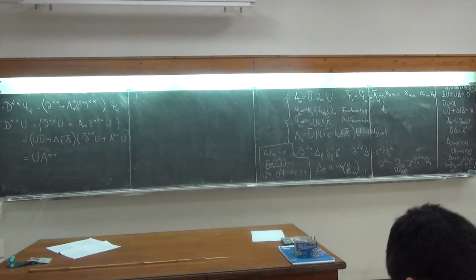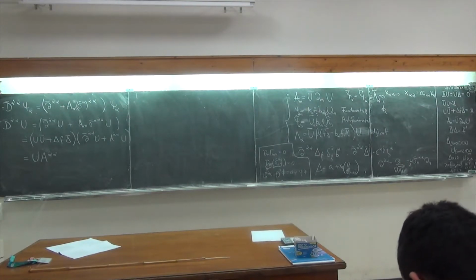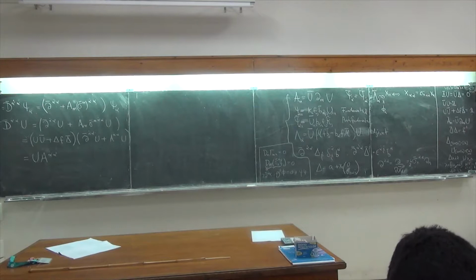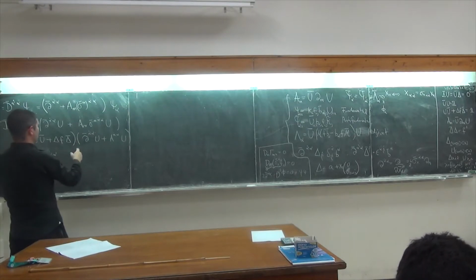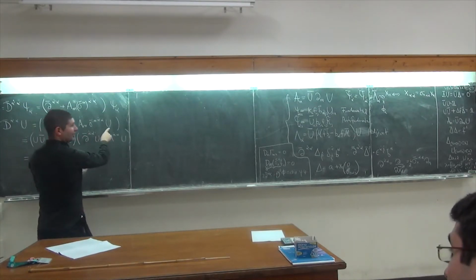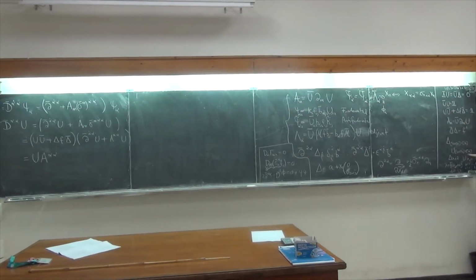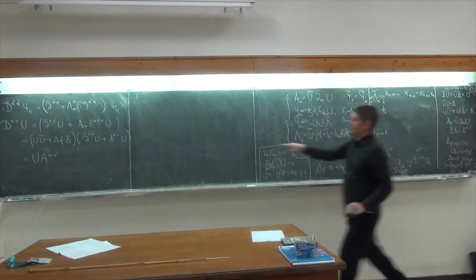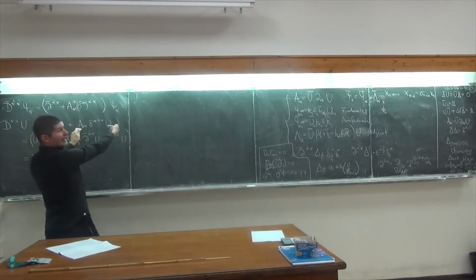It's just A. Okay, but then I did here wrong, because you see, U is a matrix, lambda times U. Therefore, the A acts from this side.